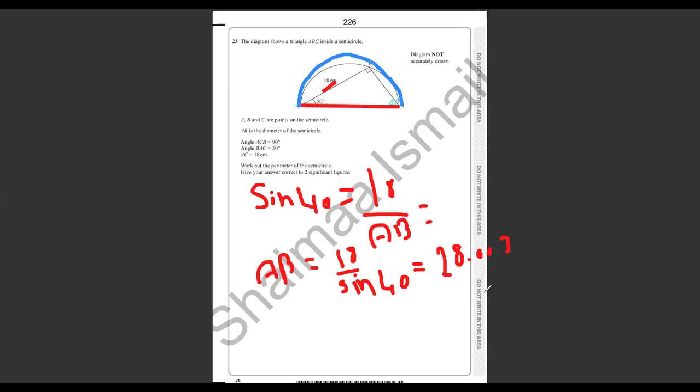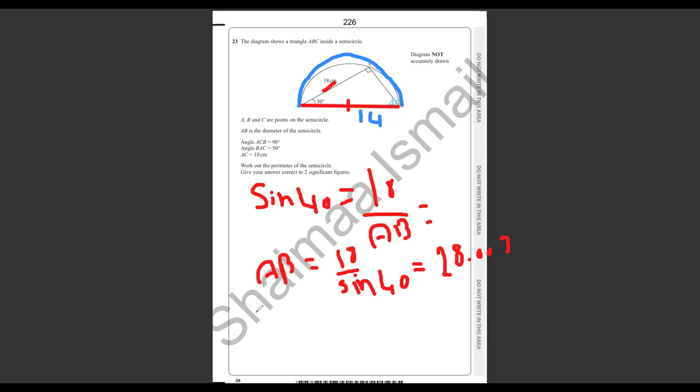And now we need to get the radius, which would be half, to get the perimeter of this blue part, or the length of this one. So if this whole is 28, this would be 14, half of it.